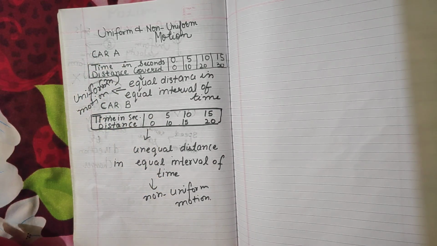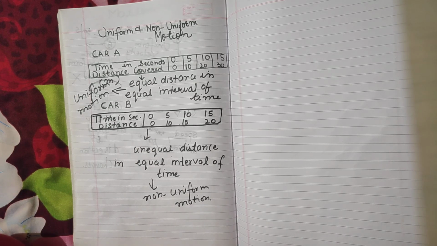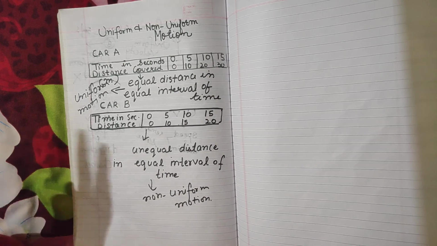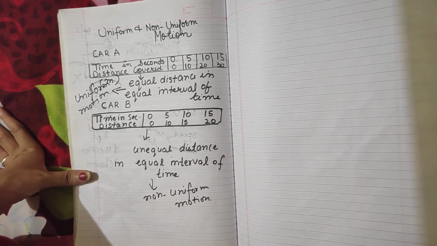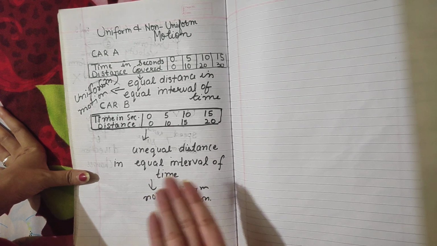The only thing you need to remember is that something in uniform speed is also in uniform motion, and something in non-uniform speed is also in non-uniform motion. By remembering this one simple sentence, you can remember the definition of both uniform motion as well as uniform speed.